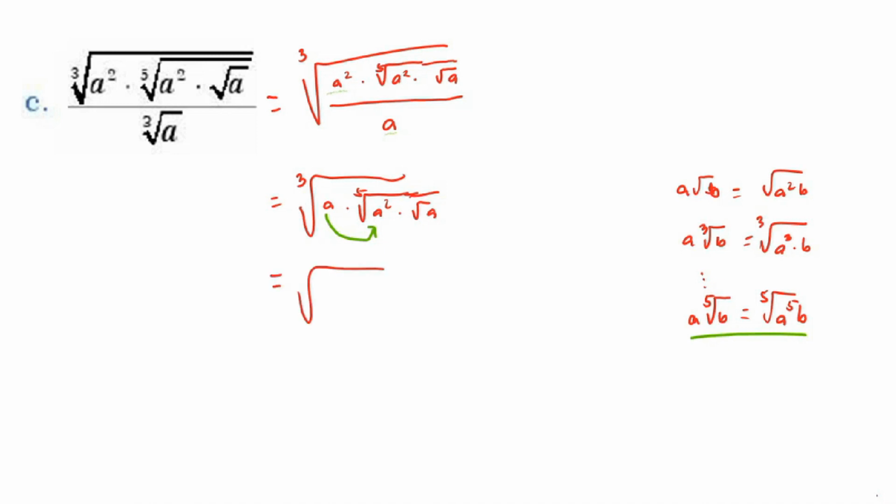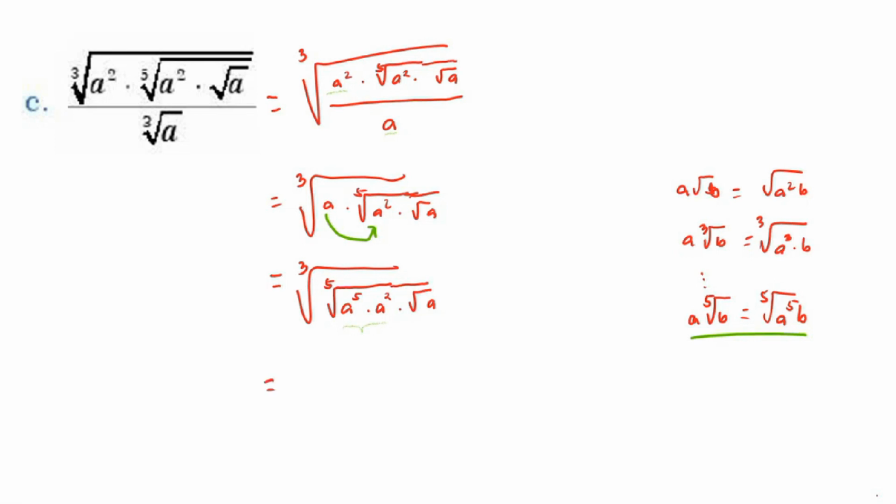So we can write now the cube root of the fifth root of a raised to 5 times a squared times the square root of a. Now, combining this, it becomes a raised to 7.